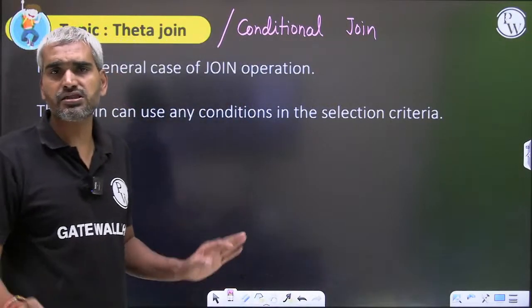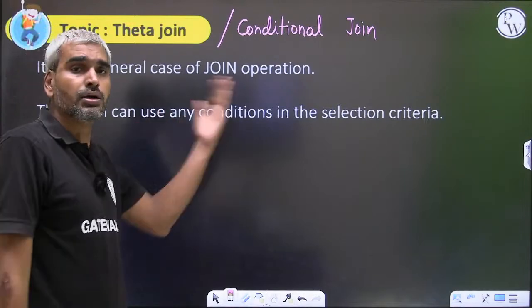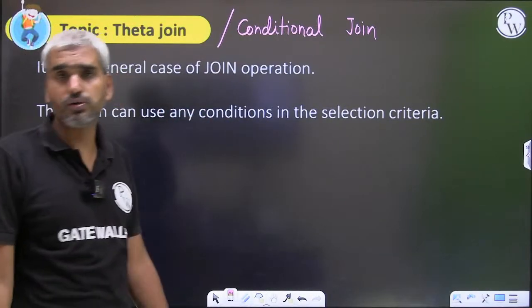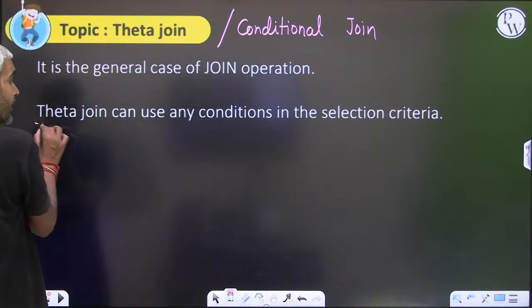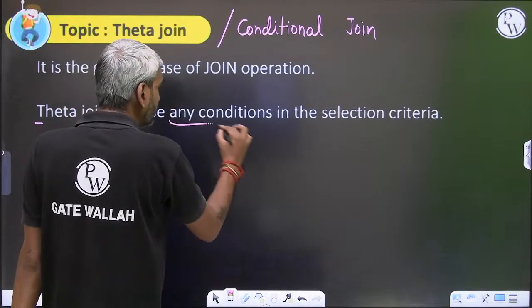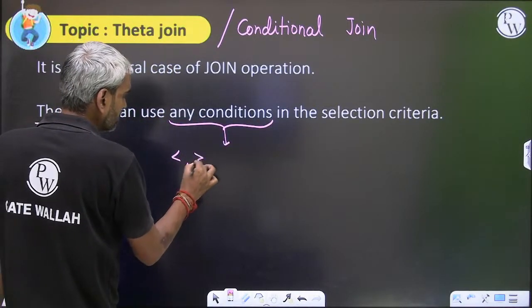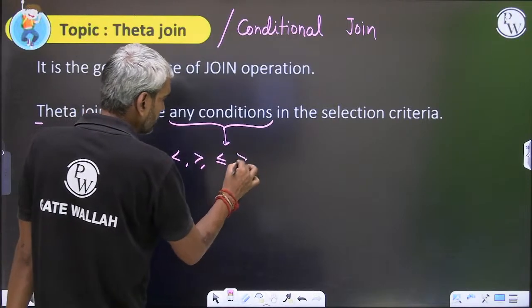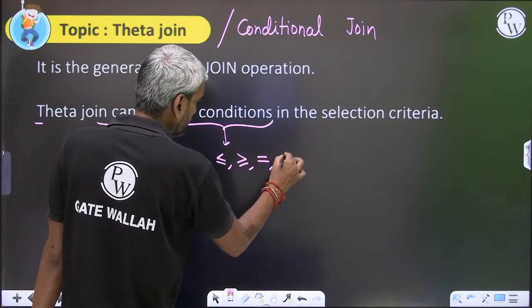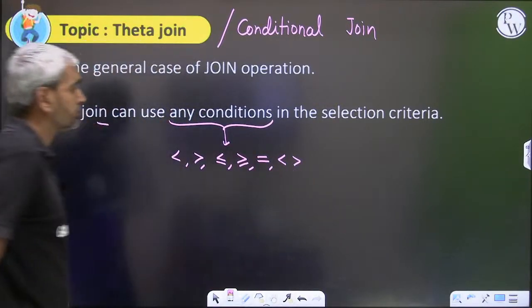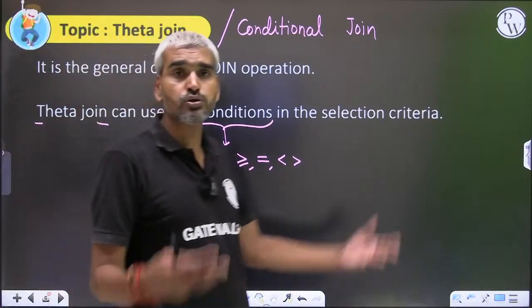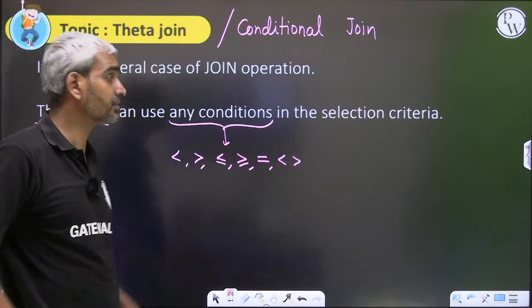There is no restriction on what the condition should be to join two tuples of two different relations. So theta join can use any condition. It can use less than, greater than, less than equals to, greater than equals to, equals to, or not equals to.